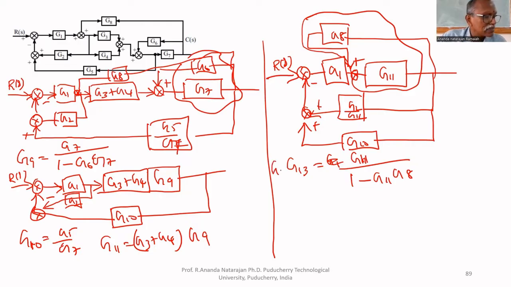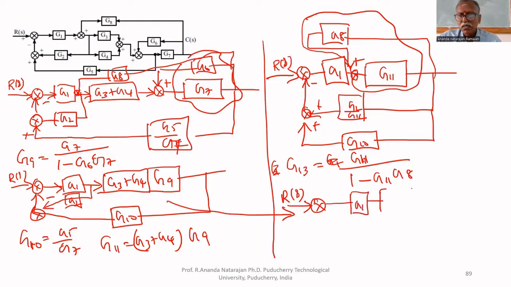If you multiply this G13, okay. Now this diagram becomes, we have to substitute G13. Now what we will get is G1, G13, G13, this is equal to G12.